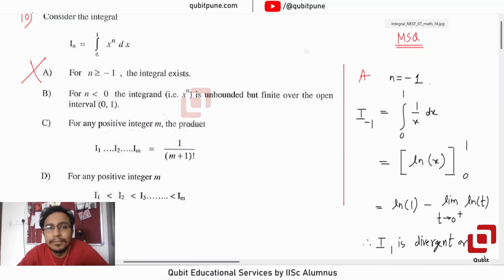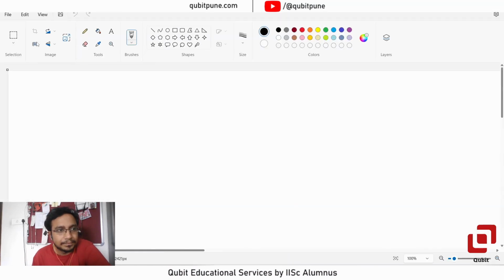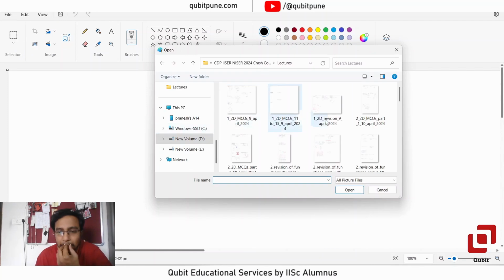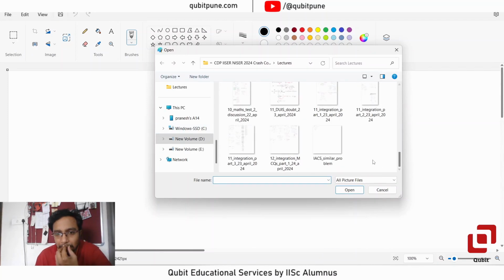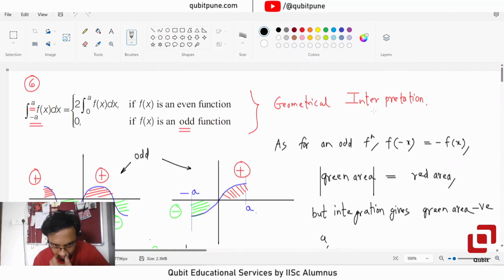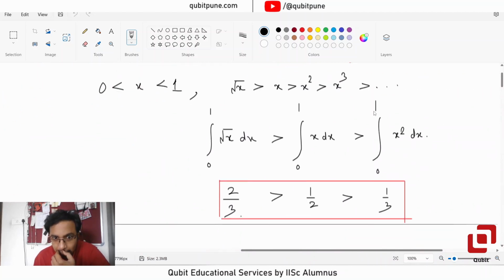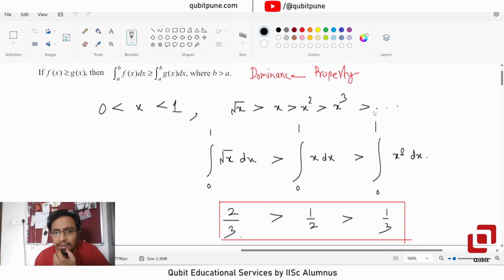Sir, in the reduction formula that you had given us, there was a condition that n must be greater than or equal to 3. Then from there, can't we say that option A is wrong? No, where have I given that?